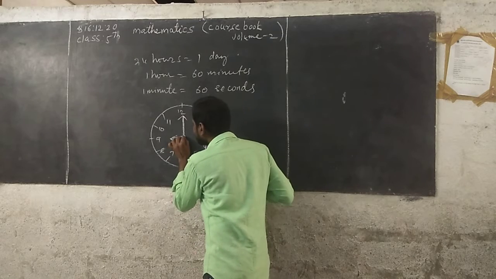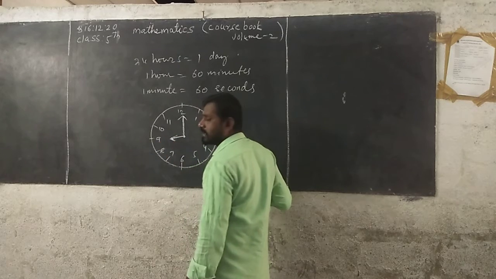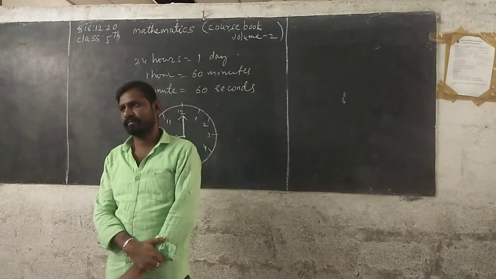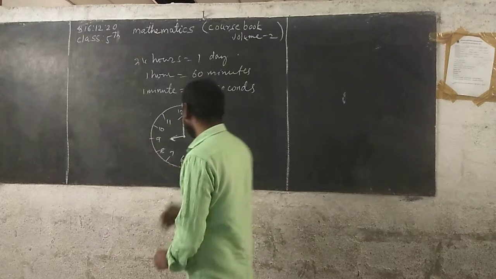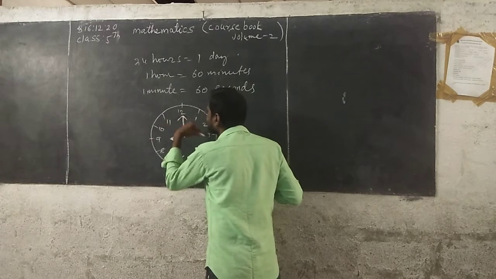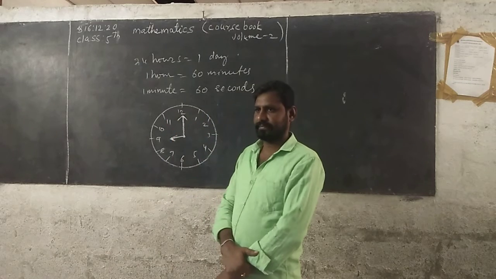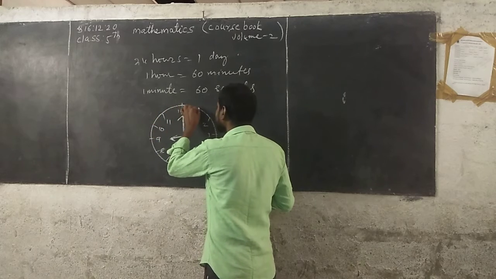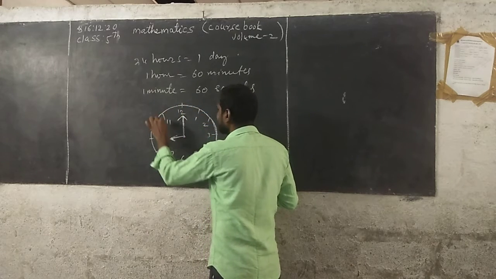The short hand represents hours, and the long hand represents minutes.